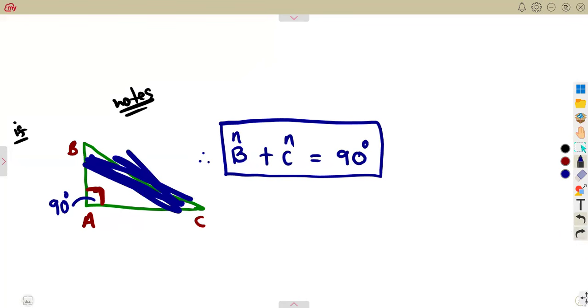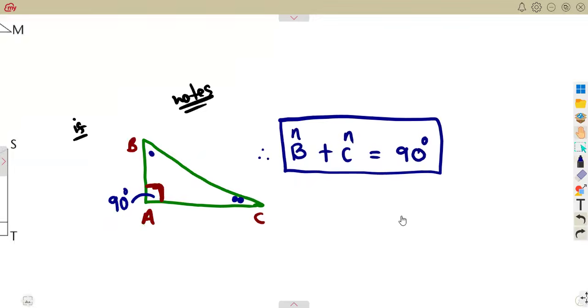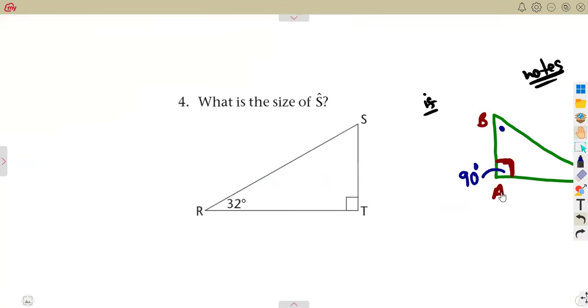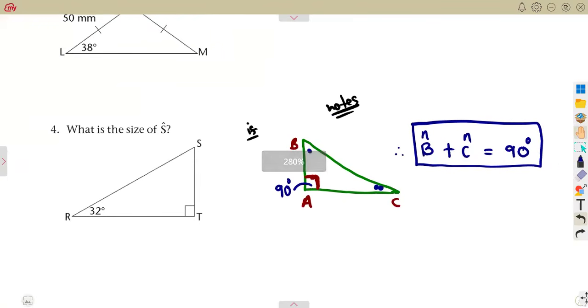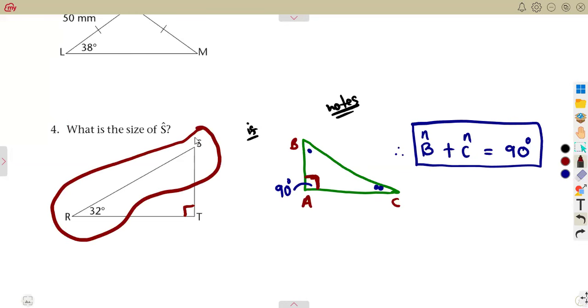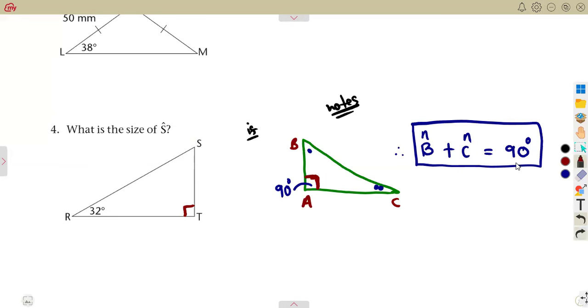90 degrees. If you understand that the remaining angles must give us 90 degrees, you could have answered this question directly because you understand that there's a 90 degrees here. So definitely these two remaining angles must give us what? 90 degrees, meaning angle R and angle S is supposed to give us 90 degrees.